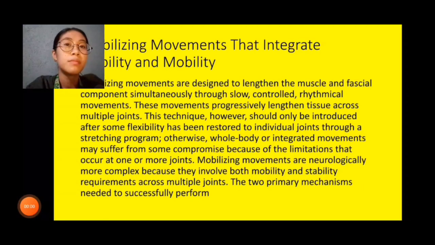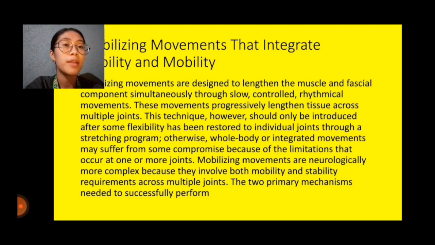Next one is mobilizing movements that integrate stability and mobility. Mobilizing movements are designed to lengthen the muscle and fascial components simultaneously through slow, controlled, rhythmical movements. This movement progressively lengthens tissue across multiple joints. This technique, however, should only be introduced after some flexibility has been restored to individual joints through a stretching program.